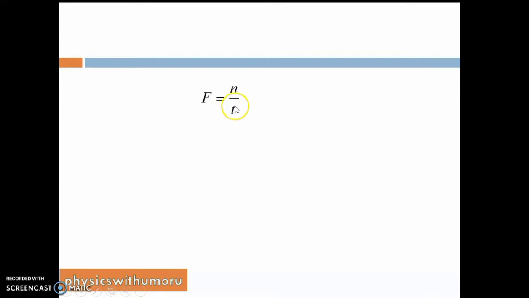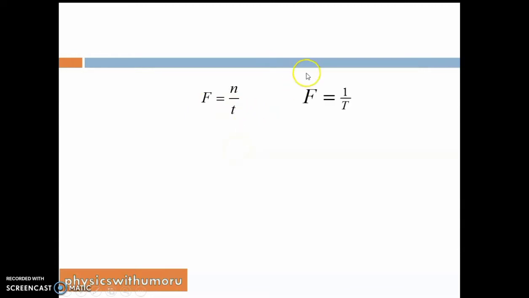Remember that this lowercase letter t is different from the capital letter T, which is the period. The lowercase t is the time taken for this number of cycles, but capital T is the time taken just for one cycle. So frequency is the number of cycles over time, and period is time over number of cycles.